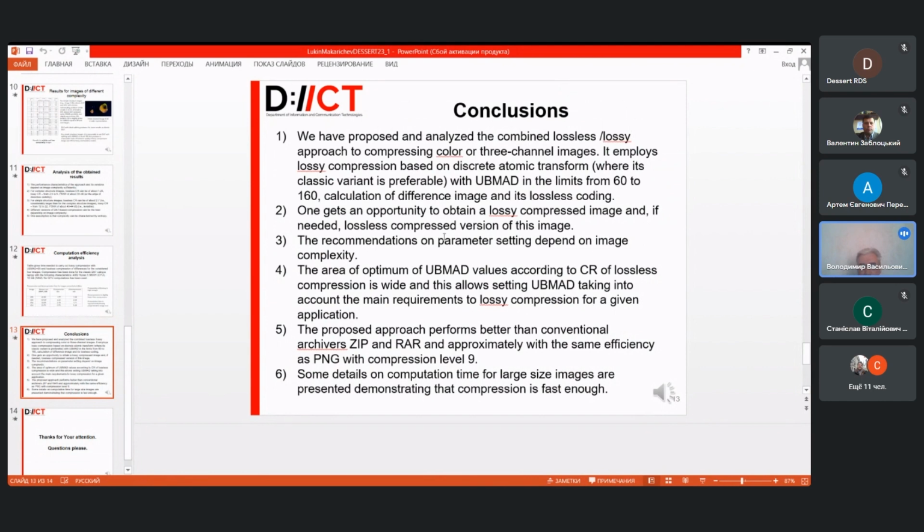We have given recommendations of parameter settings, and we have also compared our method with zip, RAR, and PNG. The results are that our method provides practically the same efficiency as PNG with compression level 9. Some details concerning computational time are given, and we can see that our method is fast enough.